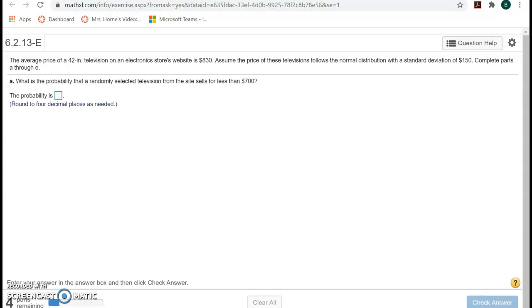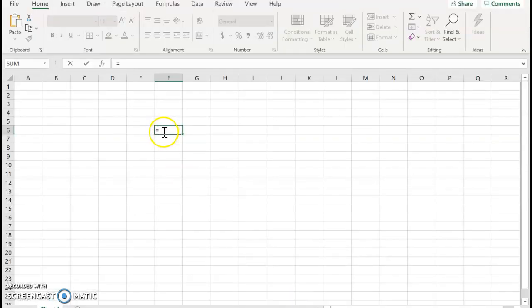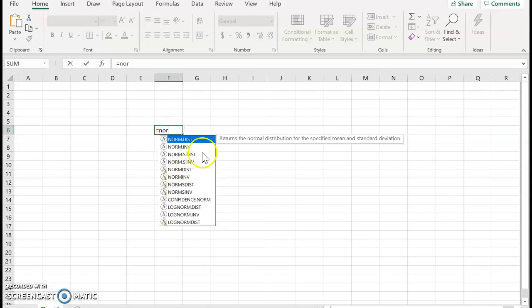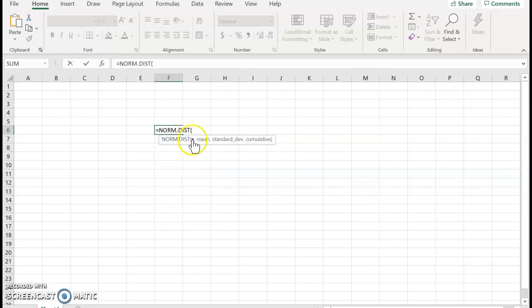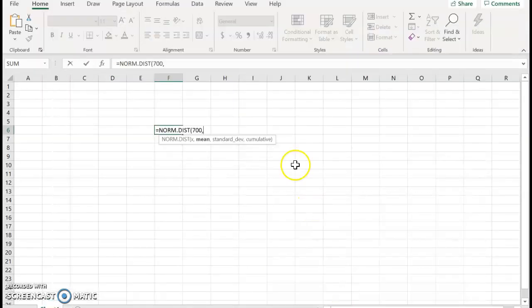This particular problem wants you to practice using Excel for this, though you could technically use a table. Go into Excel and put equal, normal, and then the dot dist. Then x we said was 700, and the mean was 830.